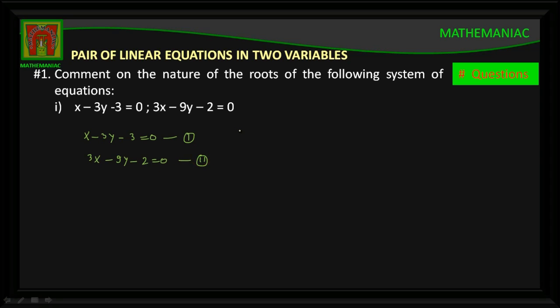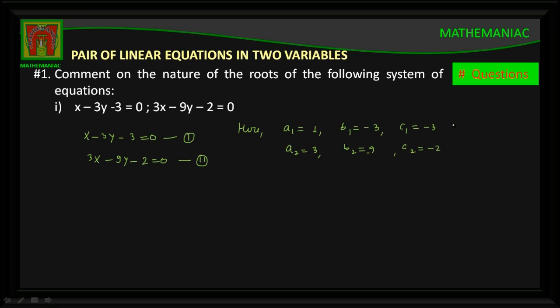This is number two. So here I can write a1 equals 1, b1 equals minus 3, c1 equals minus 3 again, and then a2 equals 3, b2 equals minus 9, and c2 equals minus 2.